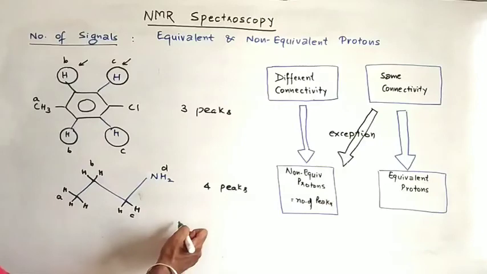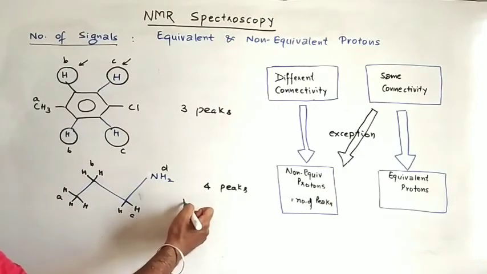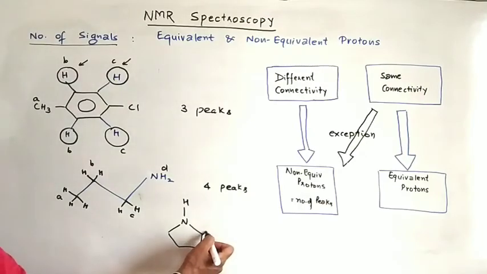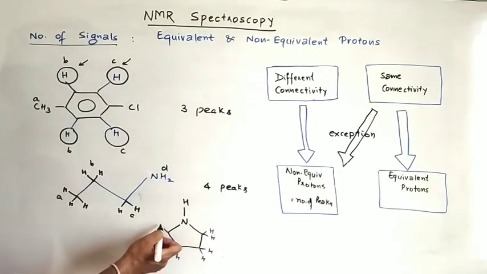Okay, one more example of some heterocyclic compound. See how many peaks this molecule will give. Now, here are 2 protons. Here are 2 protons. Here are 2 protons. And here are 2 protons.